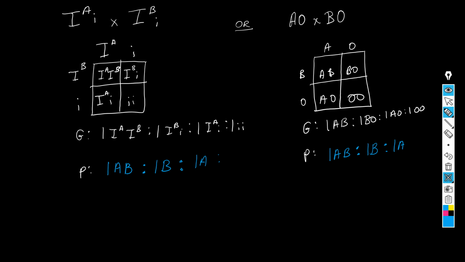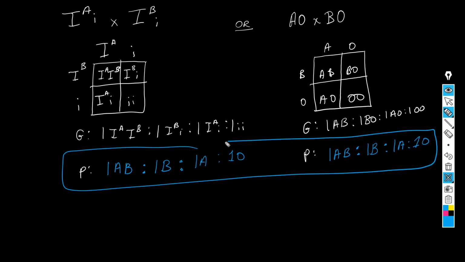And then lowercase i lowercase i translates into 1 O, and 1 O. So phenotypically, regardless of how you work this out, you should get the same phenotypic results.